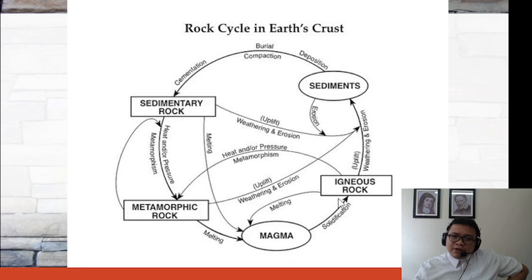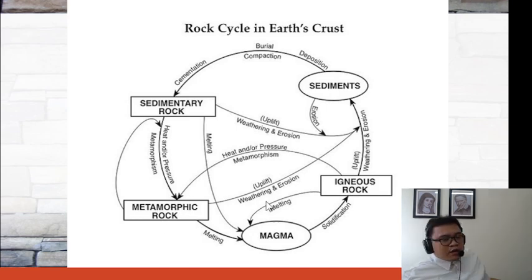Or it could be, for example, that these sediments have also undergone erosion, so it goes back to the process and then eventually is converted into a sedimentary rock. Take note of this. It could also be that from solidification, this igneous rock, due to either contact metamorphism or regional metamorphism, undergoes heat or pressure, and it is also converted into a metamorphic rock, and vice versa.